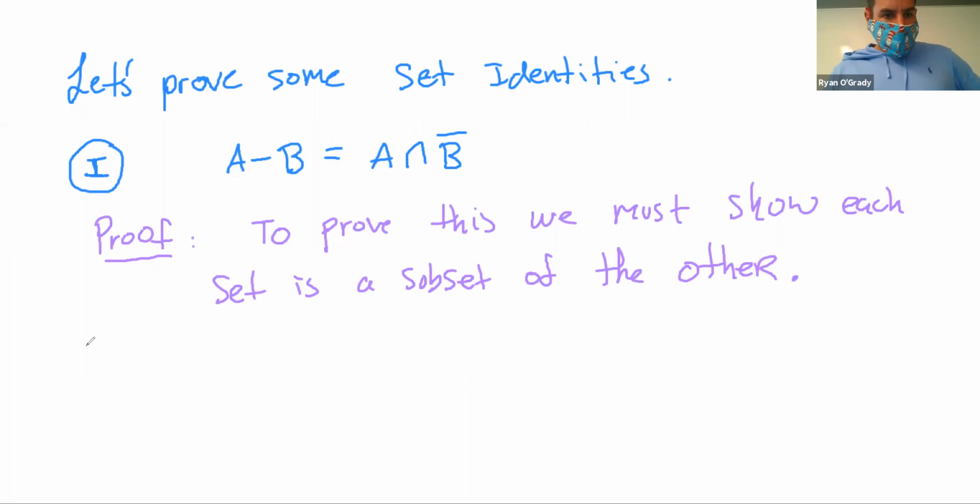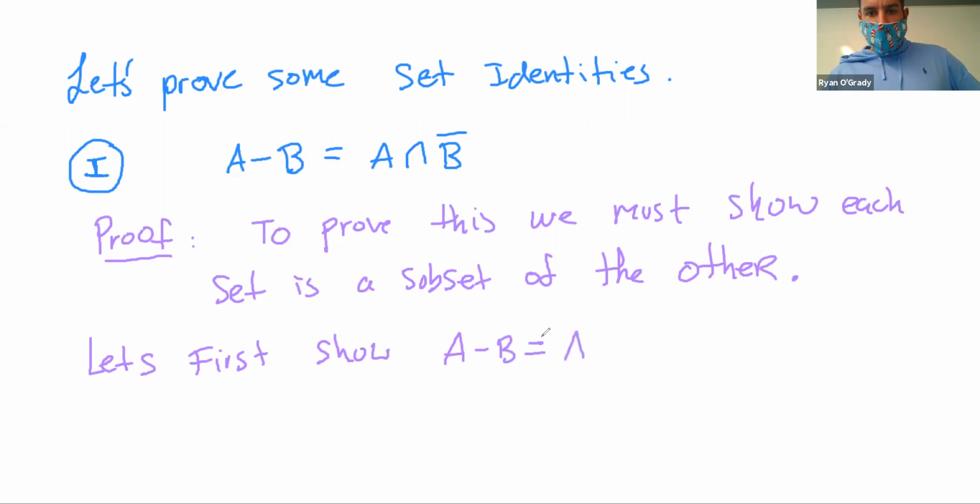So let's assume... what we'll do is we'll first show that A take away B is a subset of A intersect B complement.